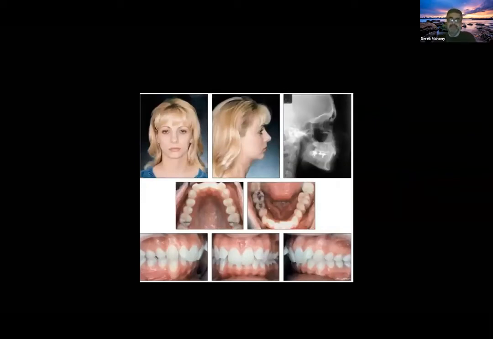Now, here's some controversy. This girl has a history of TMD. She's Div 2. Her function has been distalizing forces, and just simple correction of the Div 2 automatically improves her joint problems, but then stability is going to be bringing that condyle downward and forward.